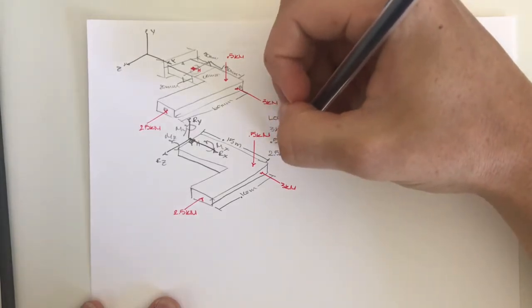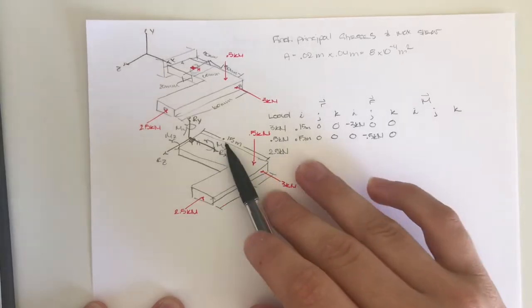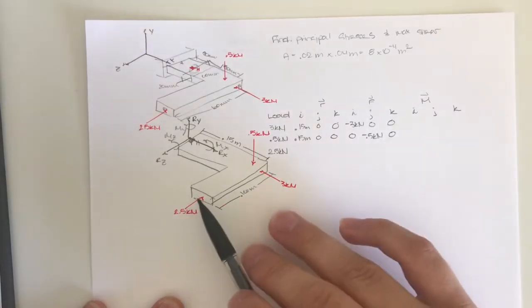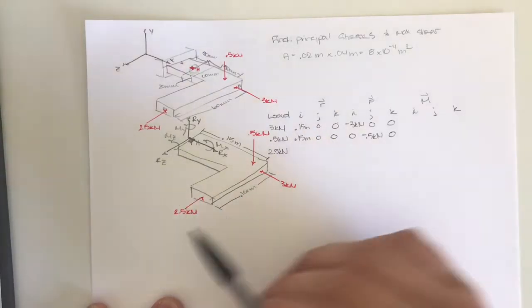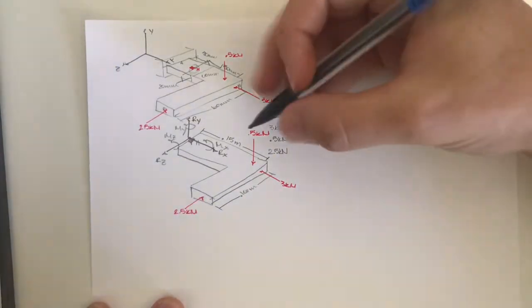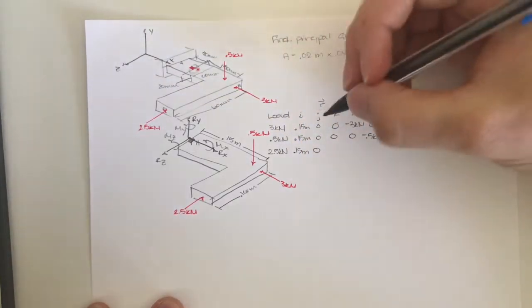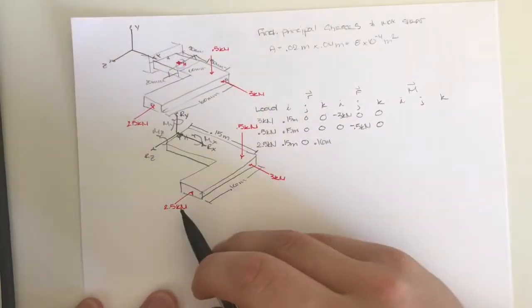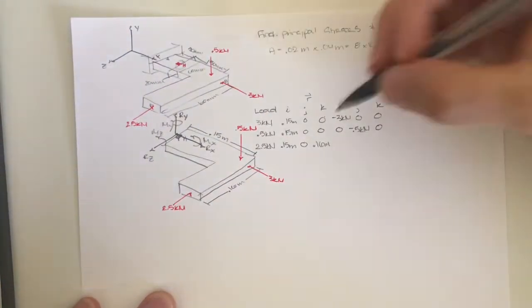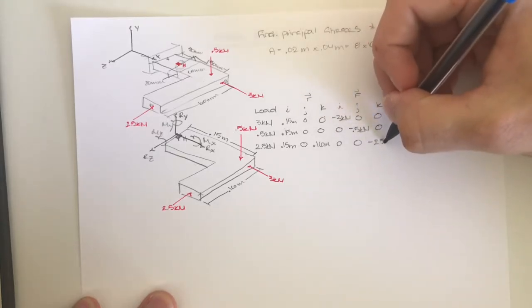Now we have a 2.5 kilonewton load, and we know that it is 0.15 meters in the positive x and 0.16 in the positive z. So the position is 0.15, 0, 0.16 meters. As for the force, it is in the negative z, so that's 0, 0, negative 2.5 kilonewtons.